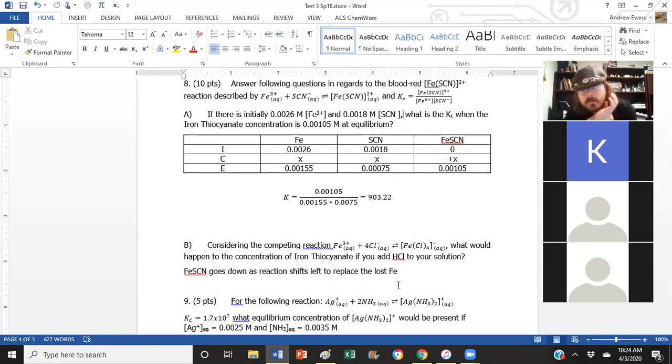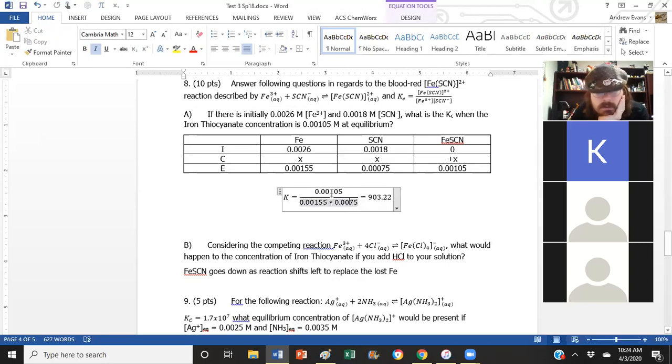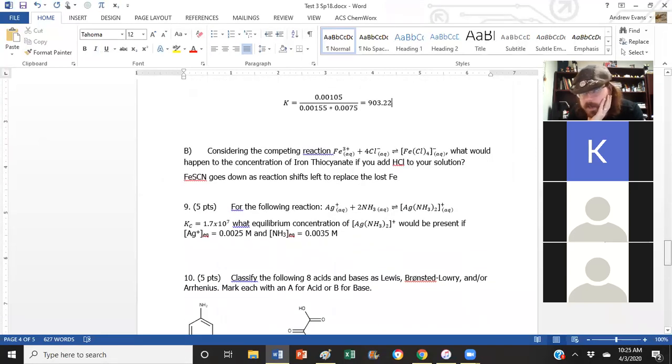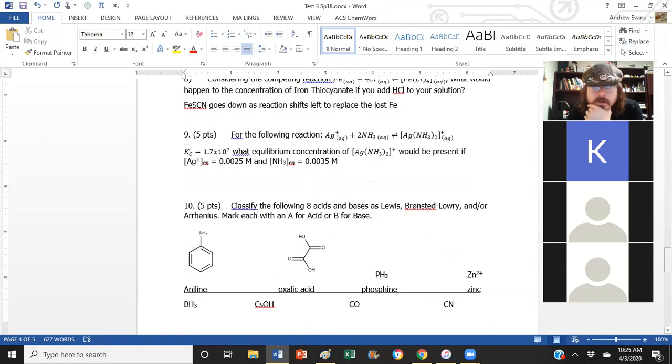I'm getting 903 again. Double check your zeros, because there's 3 zeros here, 2 zeros, 2 zeros. If you lost a zero somewhere, that's where it's going to pop up. As I said, I've been wrong in the past. We can come back to that. We should have some time. Let's just keep moving for now.